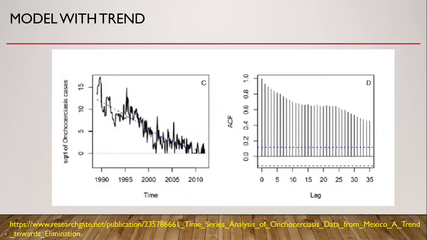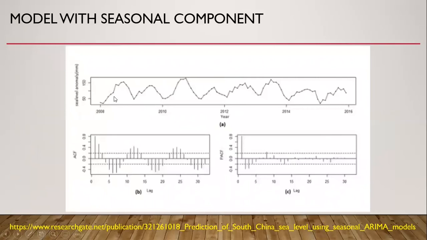So this is our time series with a trend, and this is the ACF graph. The autocorrelations gradually taper off. This is our time series with a seasonal pattern, and this is the ACF graph. So it has periodic correlation spikes.